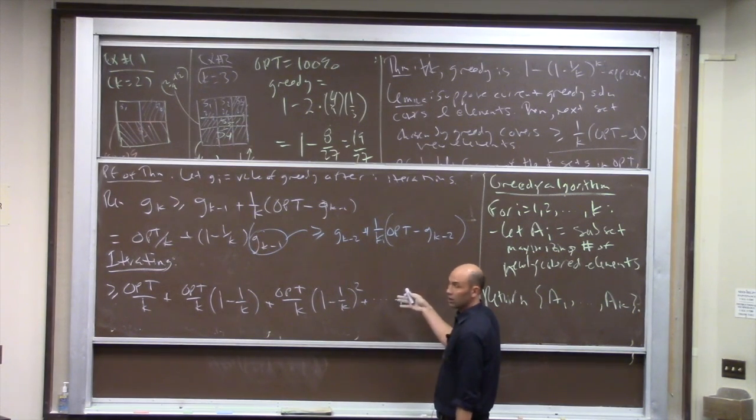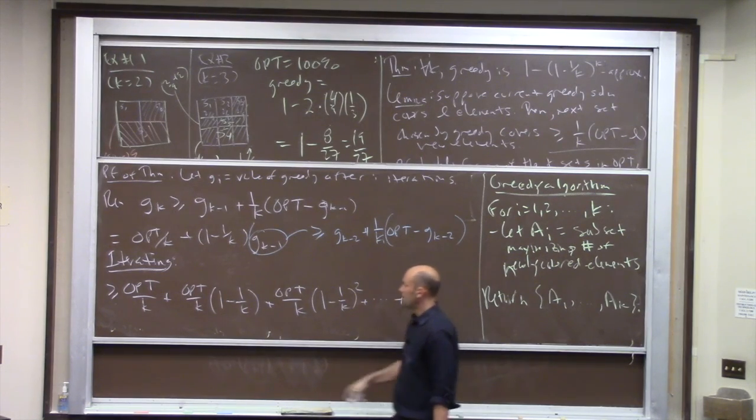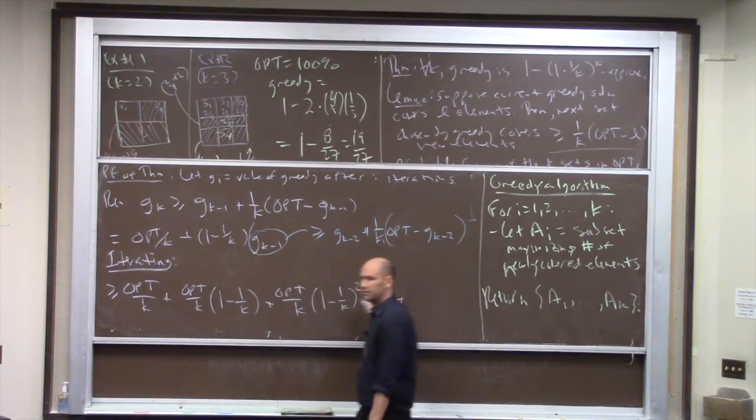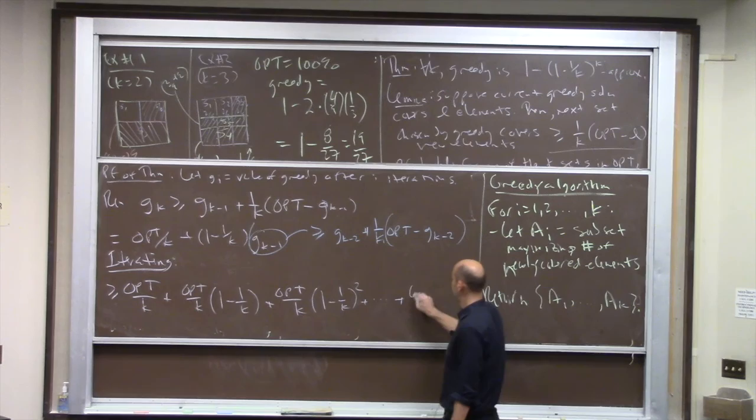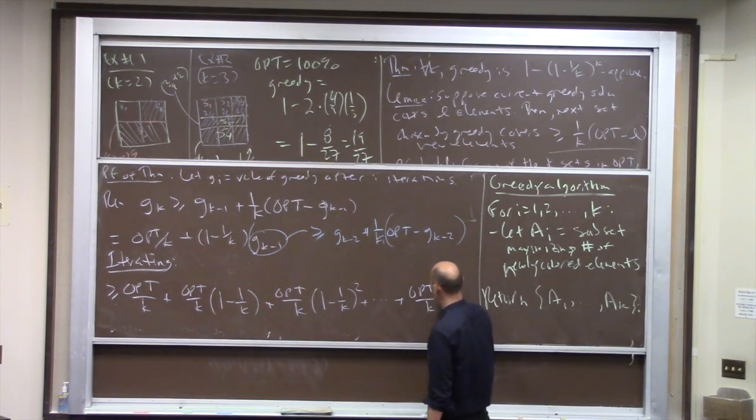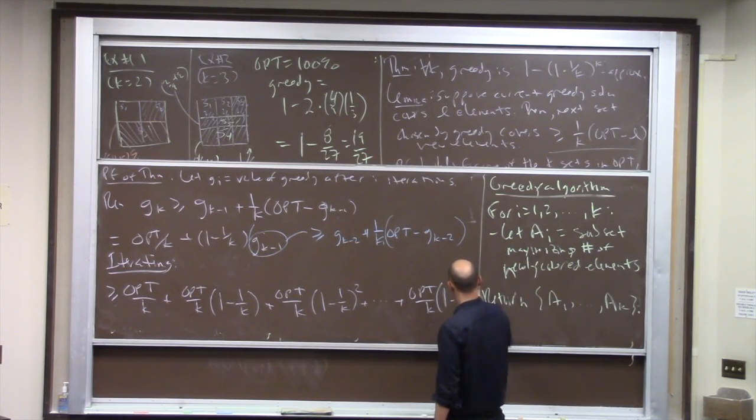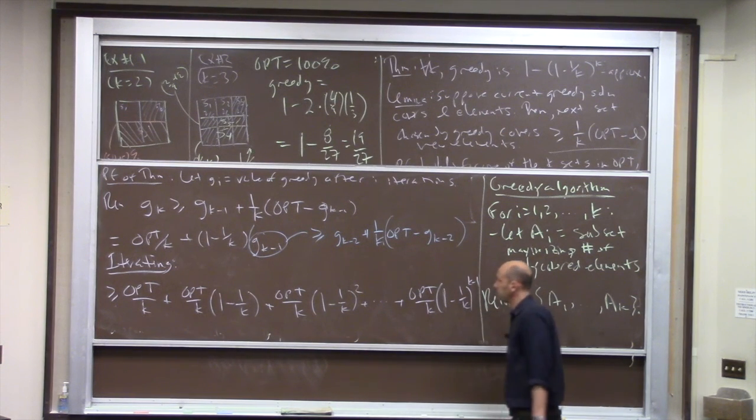And you have one of these terms for each iteration of the greedy algorithm. There were k iterations of the greedy algorithm. The exponent starts at 0, so the last exponent is going to be k minus 1.